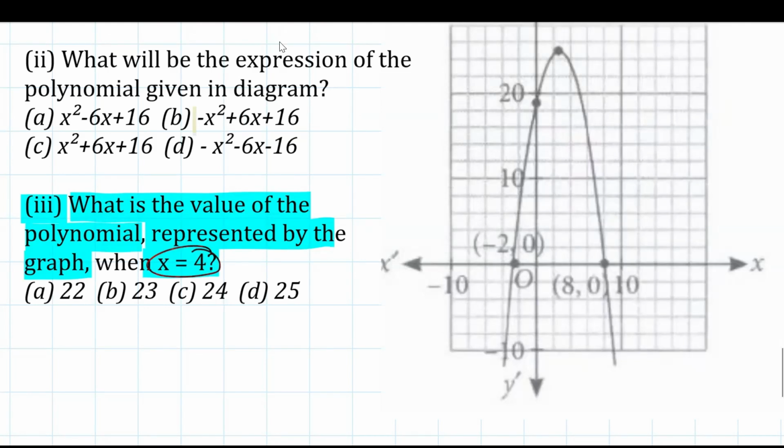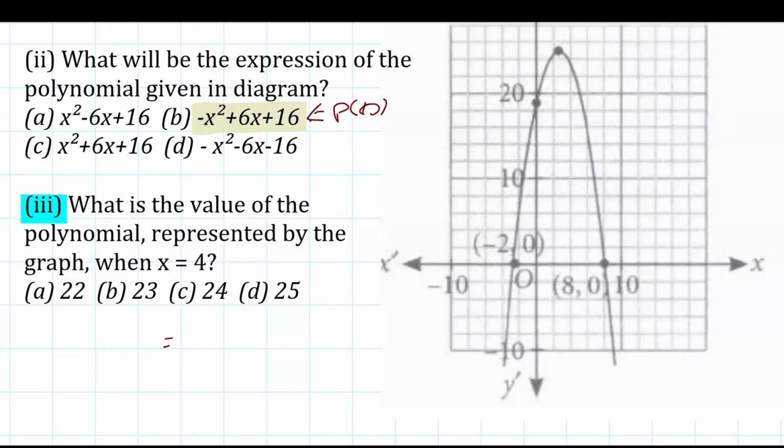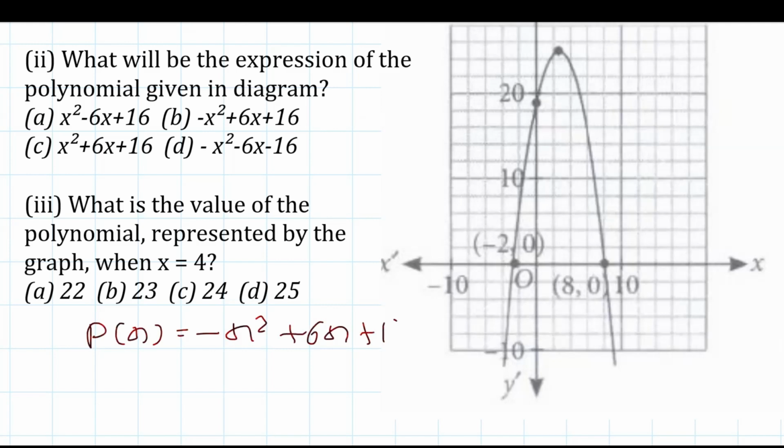So it's very simple. We are simply going to replace x in this polynomial by 4. So it's going to be what? Let's say if I write this polynomial as, say, p(x), right? So this p(x) is replaced by p(4). Let me first write down the polynomial in order to avoid any confusion that you might be having. So I'm writing the polynomial, which is p(x) as minus x squared plus 6 times x plus 16.